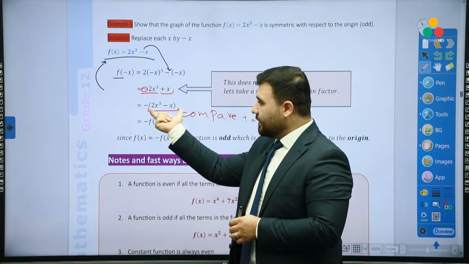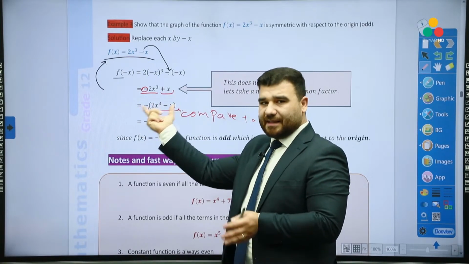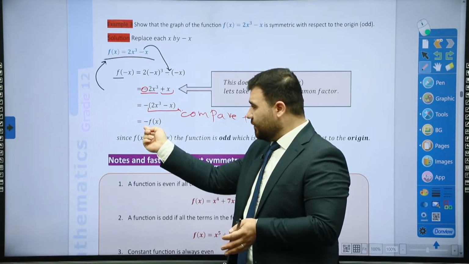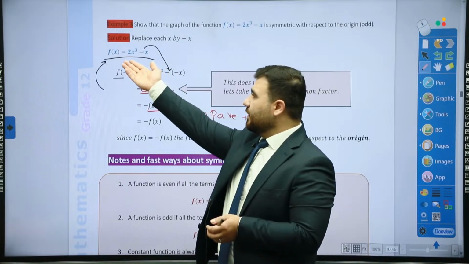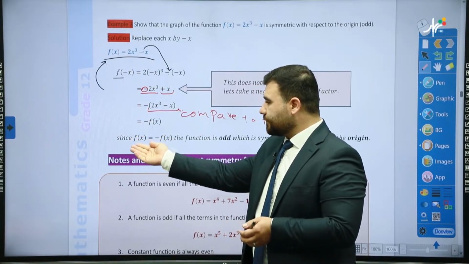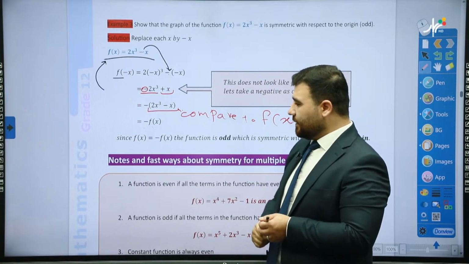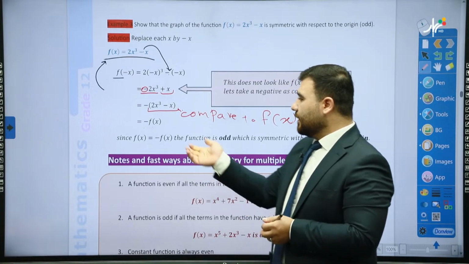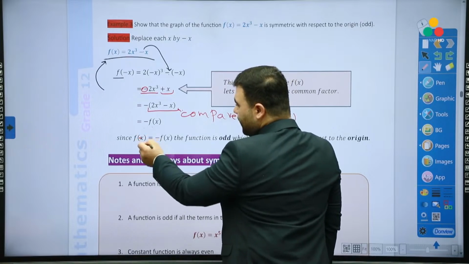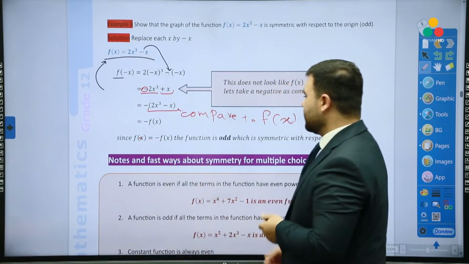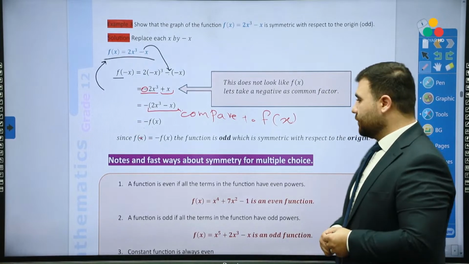This part is f(x), and a negative is extra. That's negative f(x). Then since f(-x) is equal to negative f(x), the function is odd.